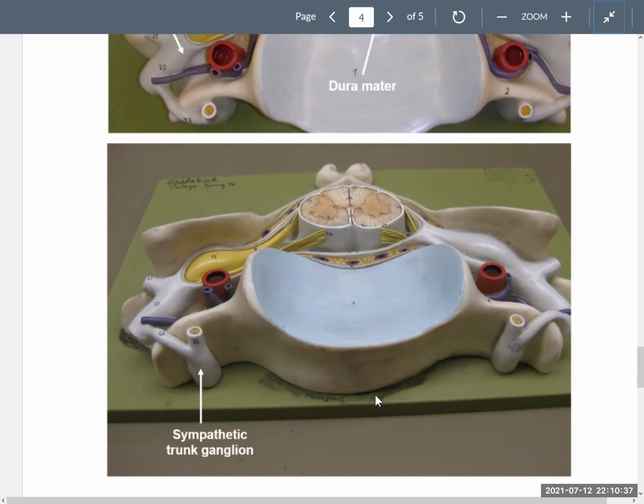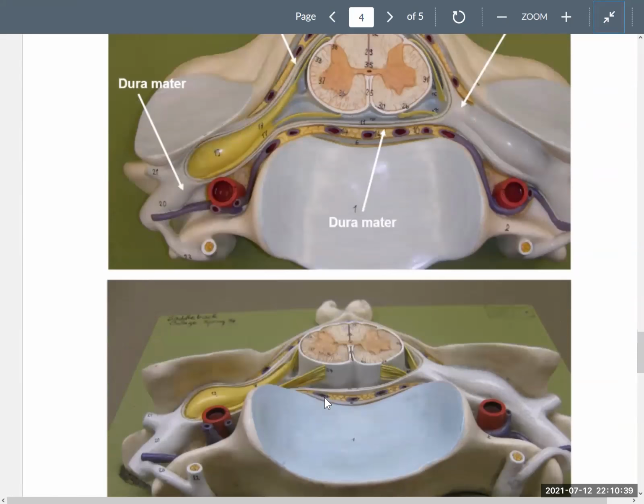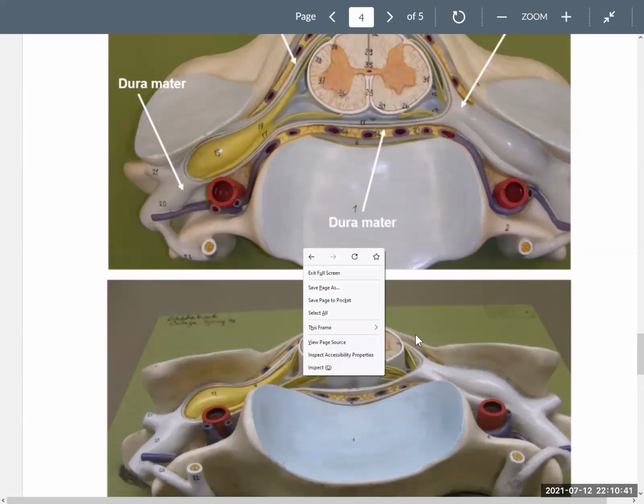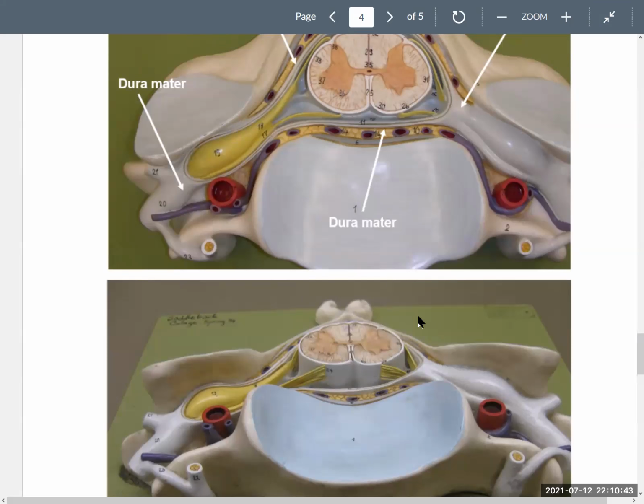If you want to see muscle, it's not shown in any of these pictures, but I would look to the tunica media of the blood vessels. Definitely you would be able to find muscle there, but this is primarily nervous tissue. It does have a capillary supply, but it's not showing here.